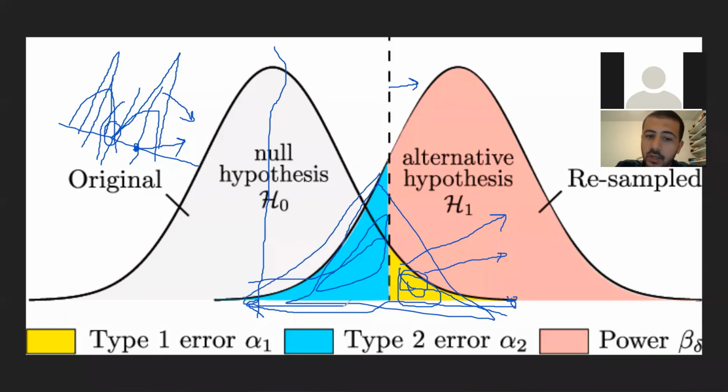Here in the blue area, I'm saying that the null hypothesis is right, and the alternative hypothesis is false, while I am wrong, while it is true. So here, yellow means I am saying you are pregnant and you are not. The blue is I am saying you are not pregnant while you are.